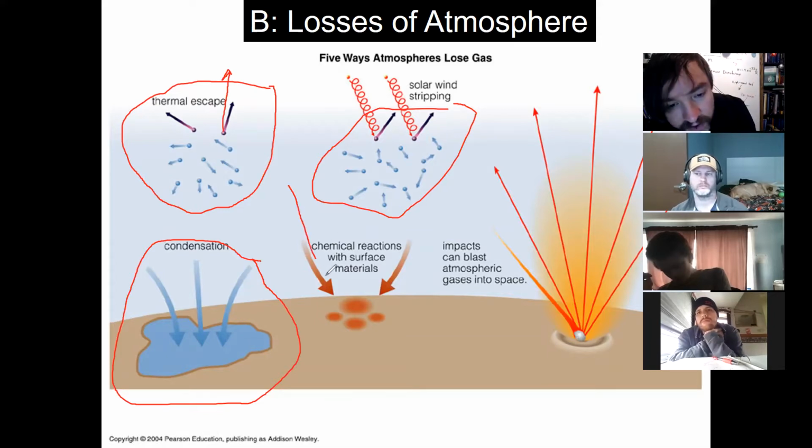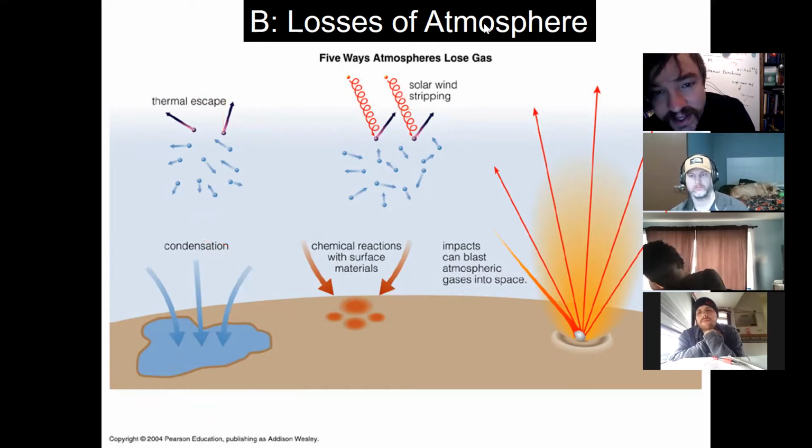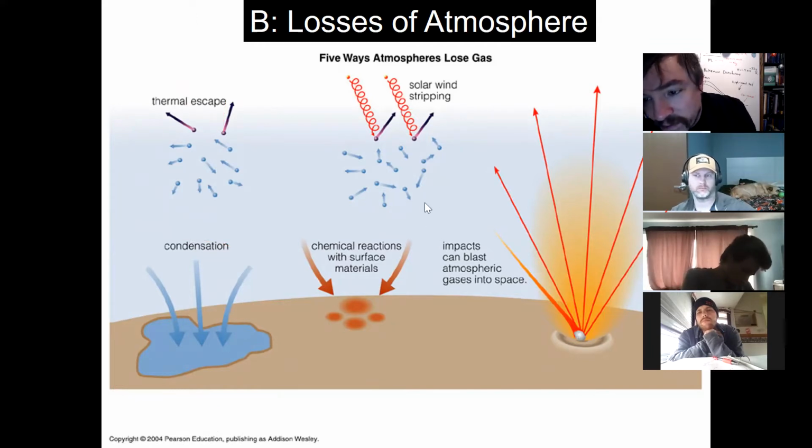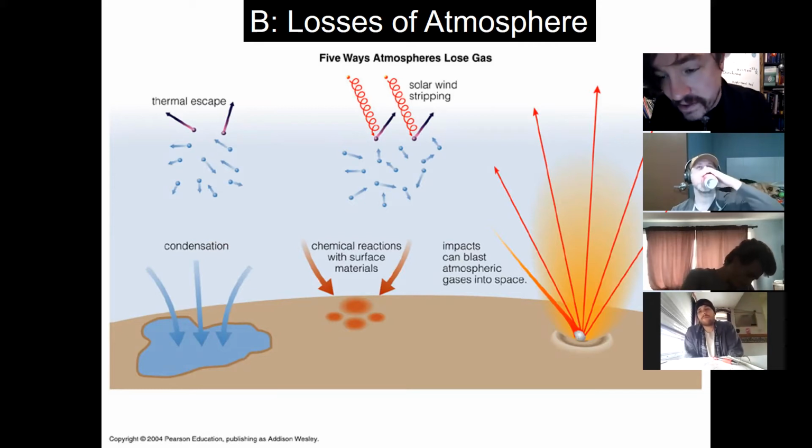Mars lost a lot of its atmospheric gas through chemical reactions with the surface. Remember that the entire surface of Mars is red. It's going to turn out that all of that red surface of Mars is basically rust from Mars's primordial oxygen that got bounced off of water molecules.